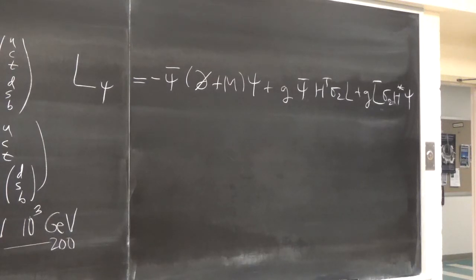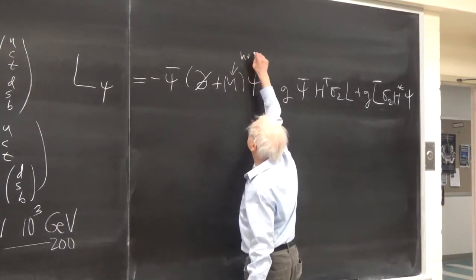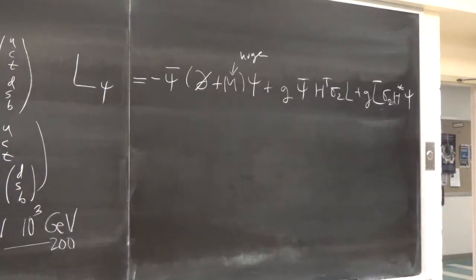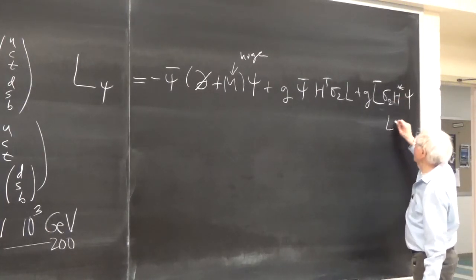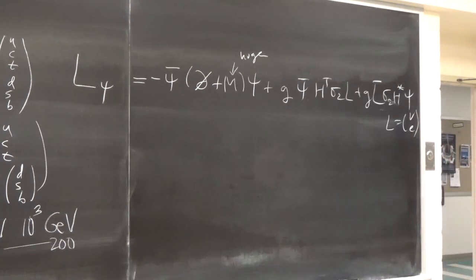It needn't be a doublet itself. M is a huge mass. So we imagine that this is a theory at very high energies, and as I said, L is nu, e. H is the ordinary Higgs doublet.